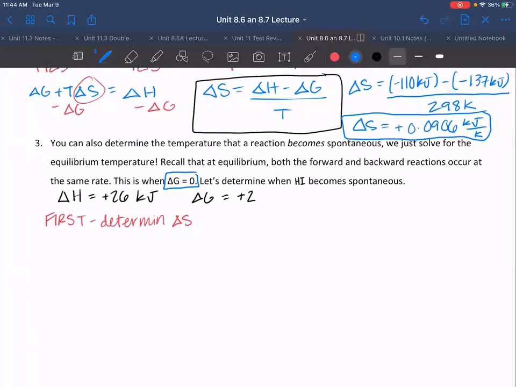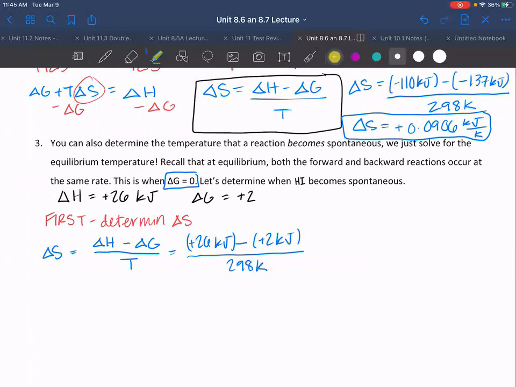So I'm going to copy that down. Delta S is equal to delta H minus delta G over T. So if we plug in everything, we've got a positive 26 kilojoules minus a positive 2, all divided by, we're keeping our 298.